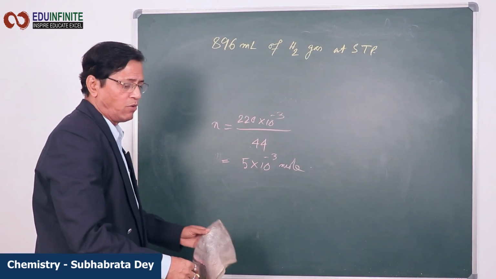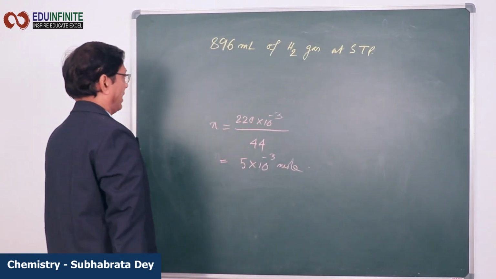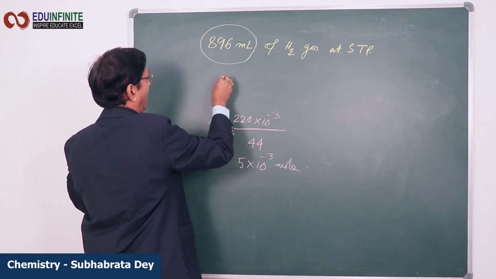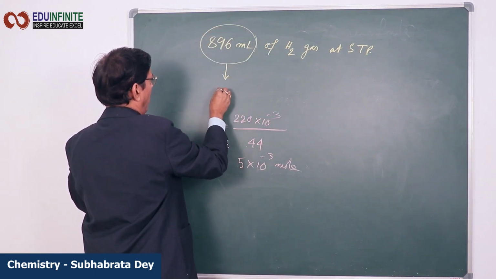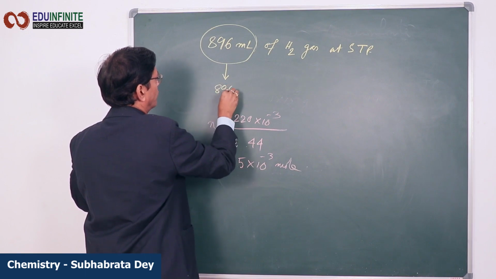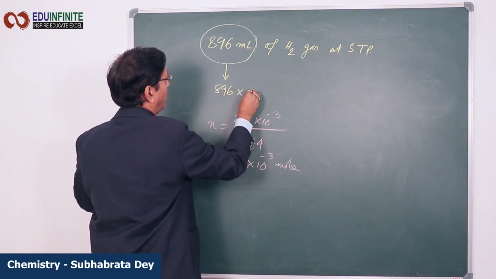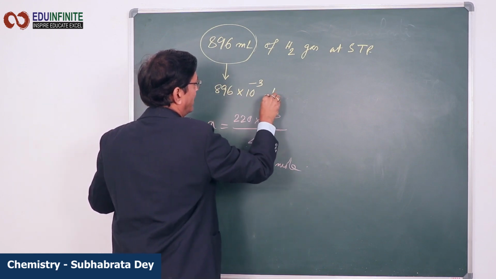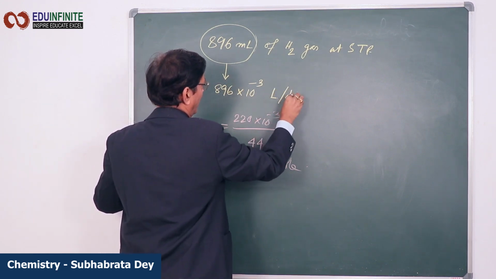You have to find out the number of moles present. As I told you, this 896 ml comes to be 896 divided by 1000, that is 896 into 10 to the power minus 3 liter or decimeter cube.